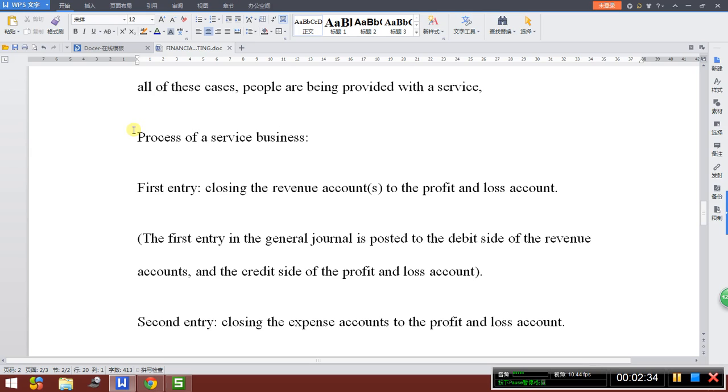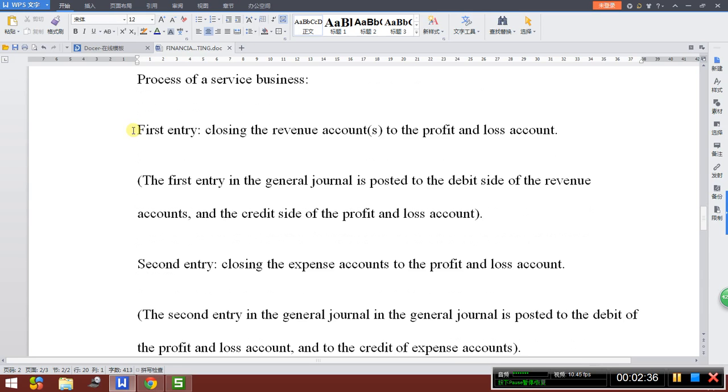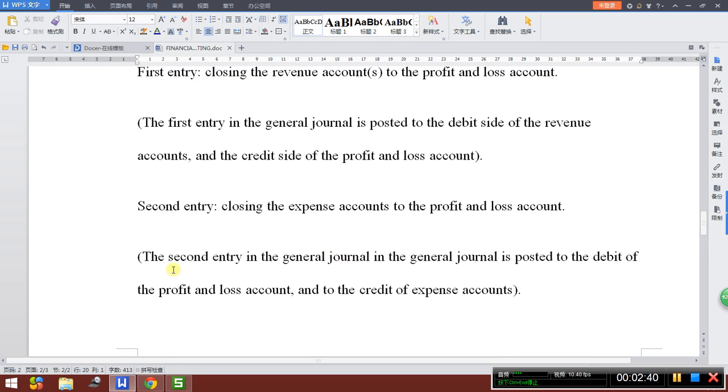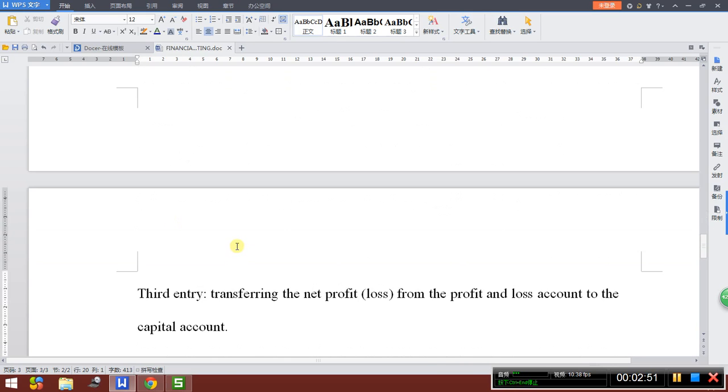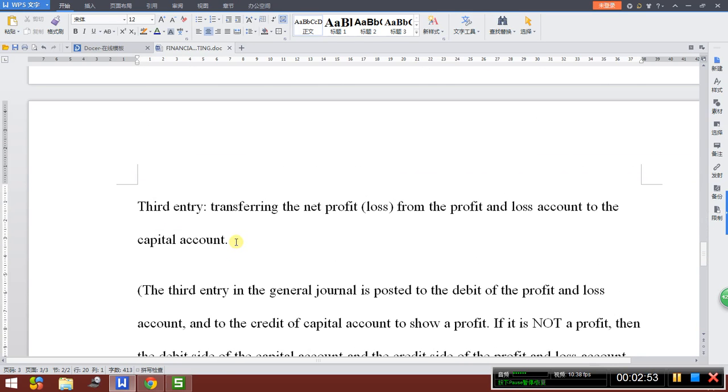Second entry, closing the expense accounts to the profit and loss account. The second entry in the journal is posted to the debit of the profit and loss account and to the credit of expense accounts. Third entry, transferring the net profit or loss from the profit and loss account to the capital account.